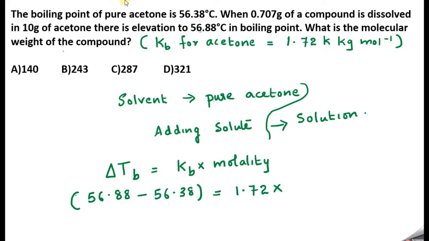Molality is nothing but the number of moles of the solute, so we will write it as weight in gram of the solute by molecular mass of the solute, divided by mass of the solvent in kilogram.